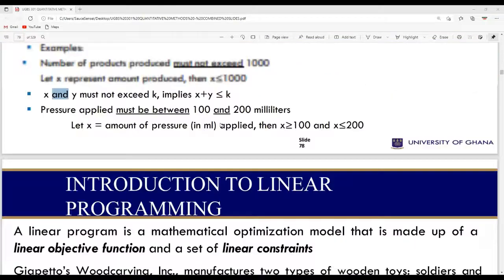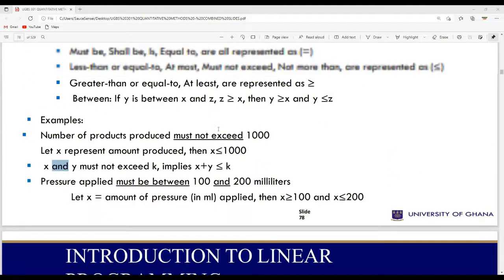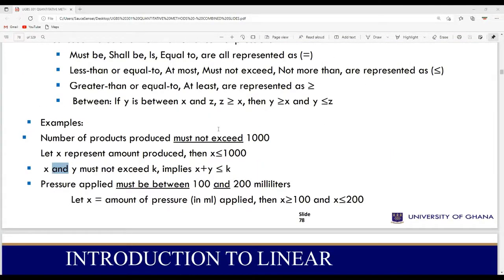Okay, so let's move on to the formulation. I'm going to introduce how you solve linear programming questions. Now, they are saying for you to be able to form a model like linear programming formulation, we have four main components in linear programming formulation.